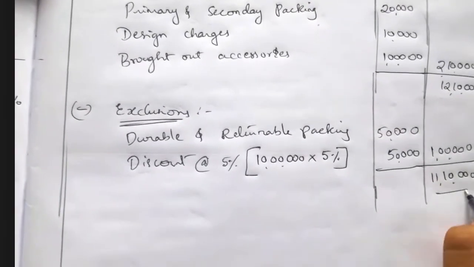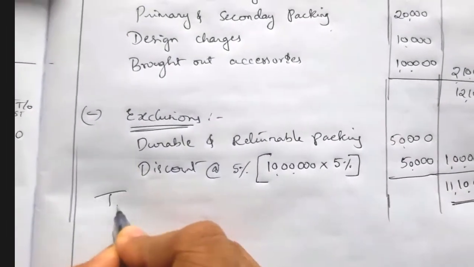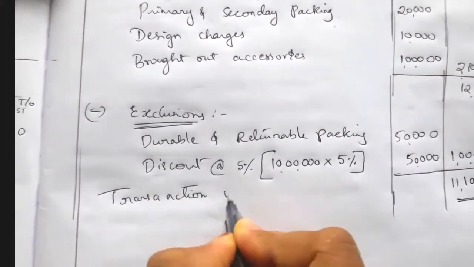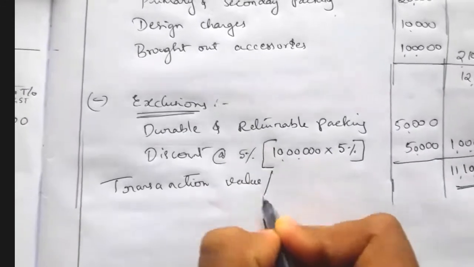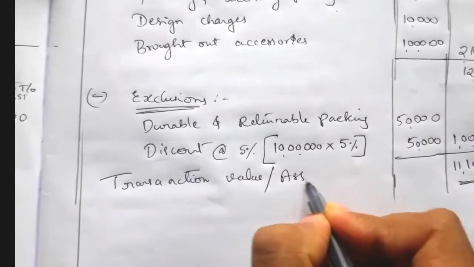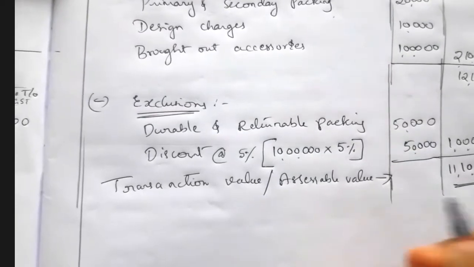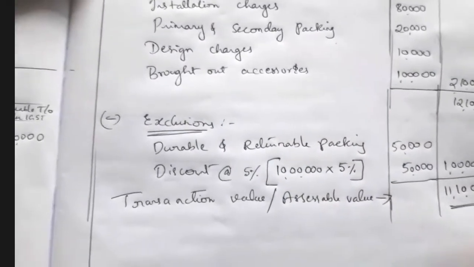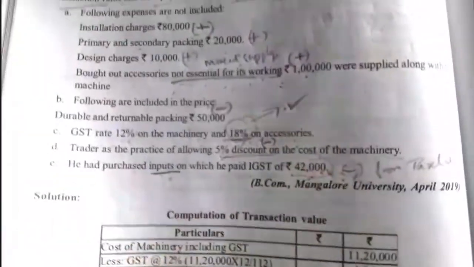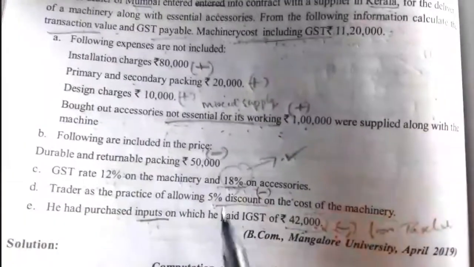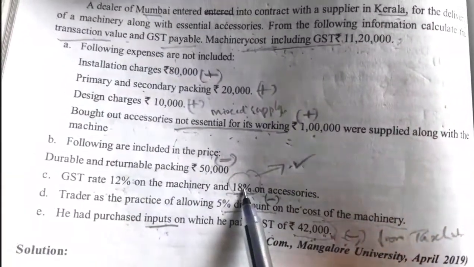So 11,10,000 is the transaction value, or assessable value, or taxable value of supply, as no profit or markup value is given. On this we have to calculate the tax. The tax applicable here is IGST at 18%.